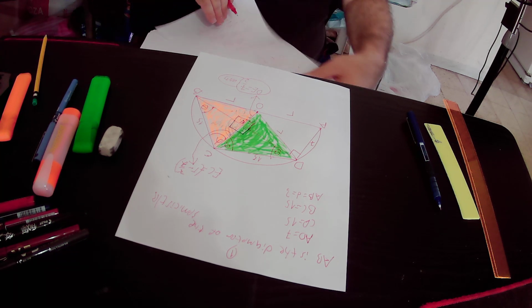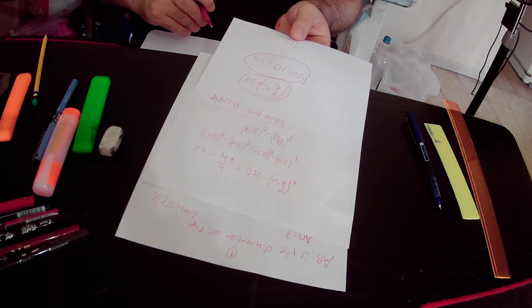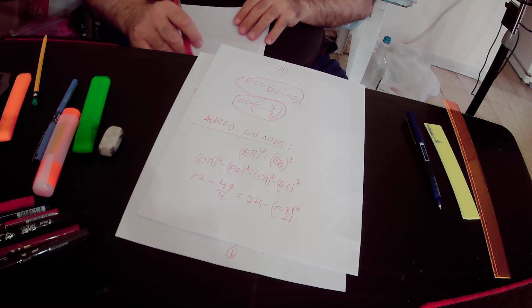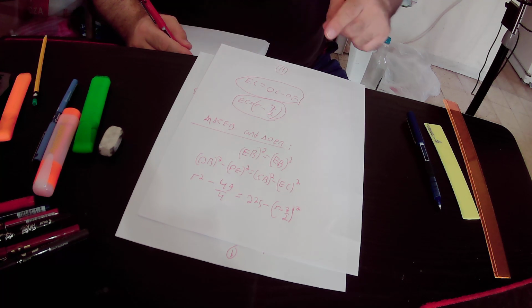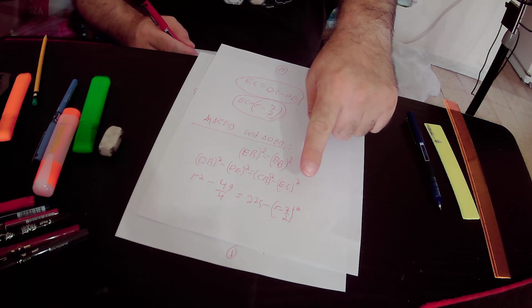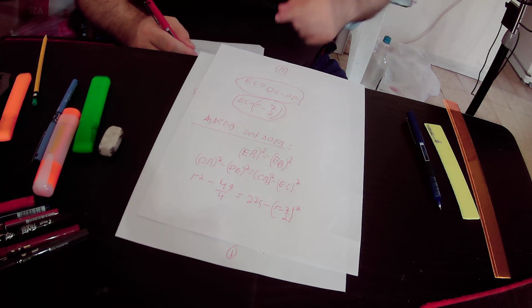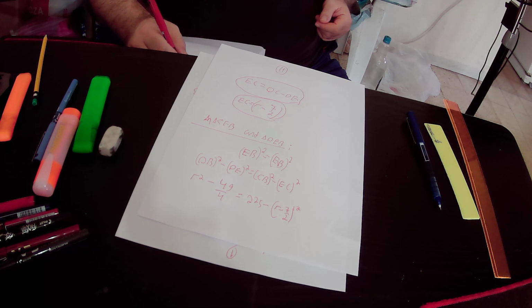So in total, we got this equality that states that R square minus 49 over 4 equals 225 minus R minus 7 over 2 squared.